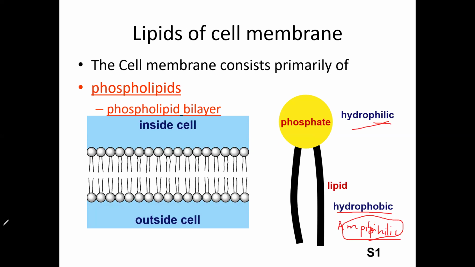For example, this is a phospholipid, and we call it the phospholipid bilayer. Inside the cell, look at these balls here. They are hydrophilic. It means the part of the cell membrane from inside interacts with water, and the hydrophilic heads are also present on the outside part of the membrane.